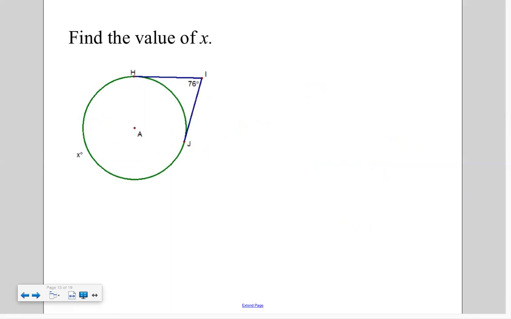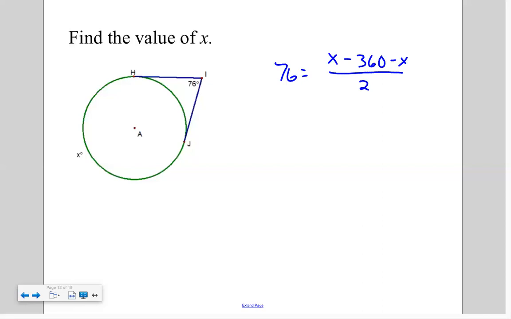Okay. Here's one where they give us our major arc as x. So we got our 76 equals the major arc x minus the minor arc, which would be 360 minus x, divided by 2.